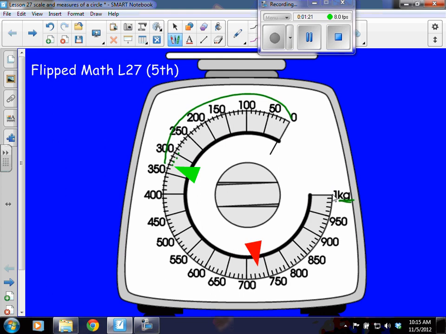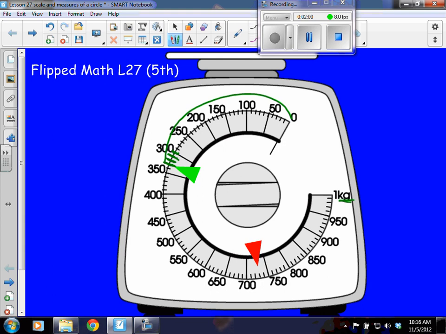So as I think about that, how can I divide 300 to 350 into the different sections that you see here? I would understand that each tick mark is adding another 10 kilograms. And since it's adding 10 kilograms, this would be 300, 310, 320, 330, which is exactly where my green arrow is pointed.